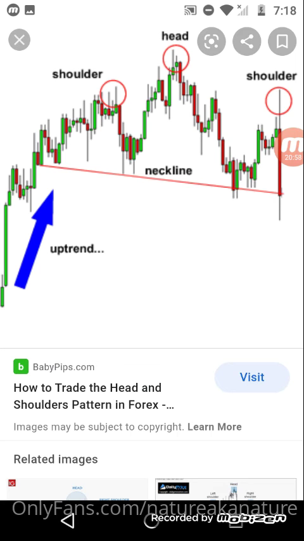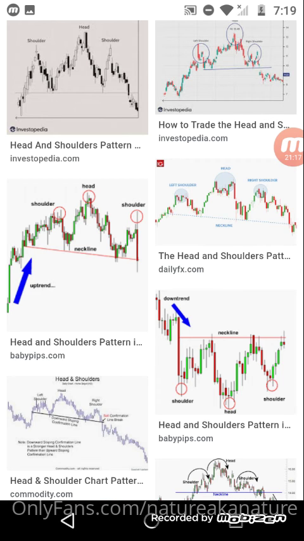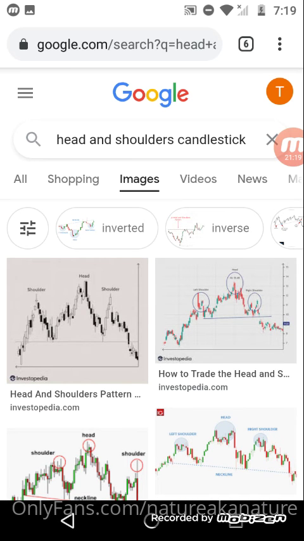And you see inverted head and shoulders during a downtrend, and it's a bullish reversal pattern. It's a triple stick downtrend reversal pattern that signals the end of a bearish trend. It's a bearish to bullish reversal pattern.